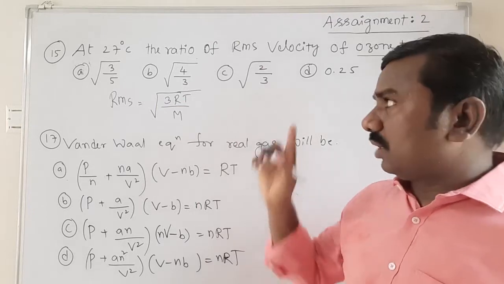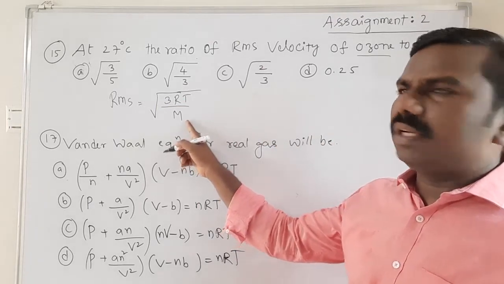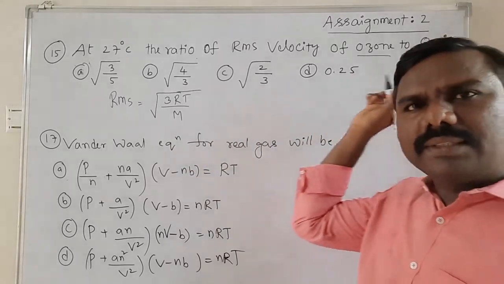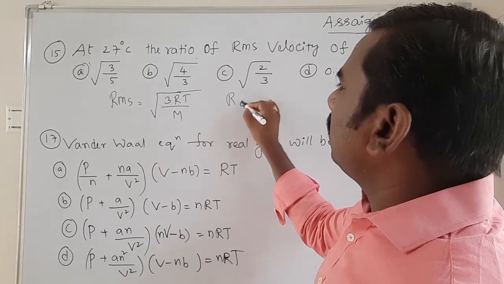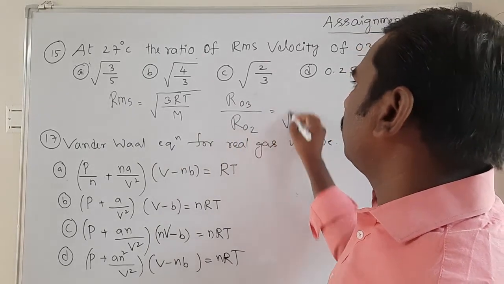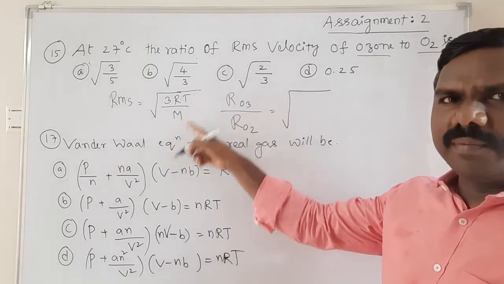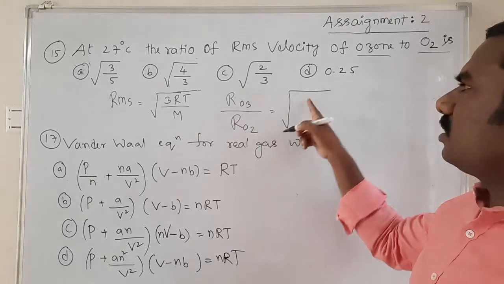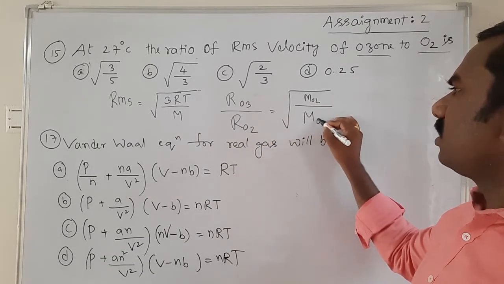Temperature is constant at 27 degrees Celsius, R is constant, and molar mass is the only variable for ozone as well as oxygen. That's why RMS velocity of O3 by RMS velocity of O2 is equal to root of molar mass of O2 by molar mass of O3.